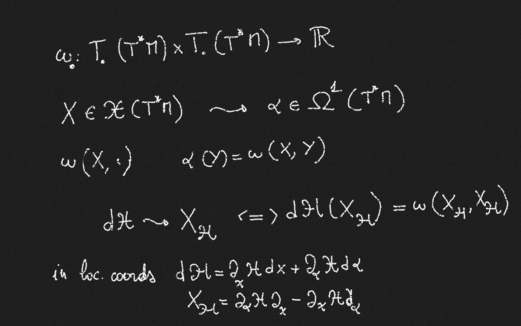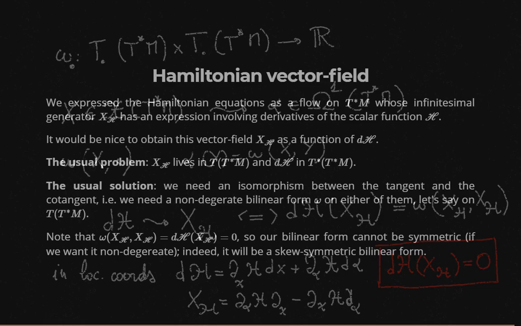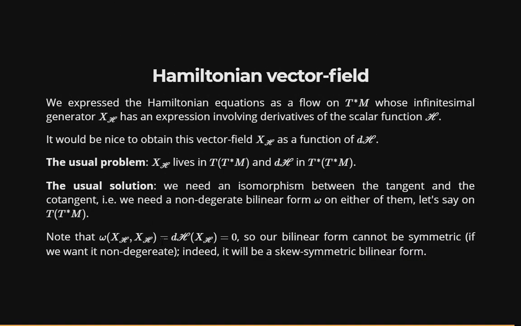So dx eats up partial x, and d alpha eats up partial alpha, and you end up with 0. So dh applied to x of h equals 0, which is a feature of the Hamiltonian dynamics. It's not a chance.